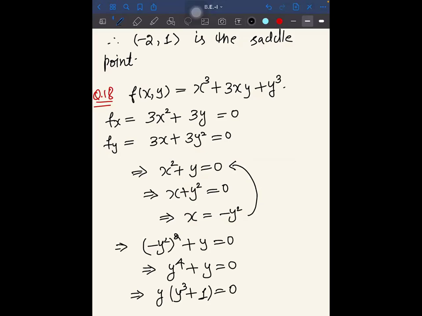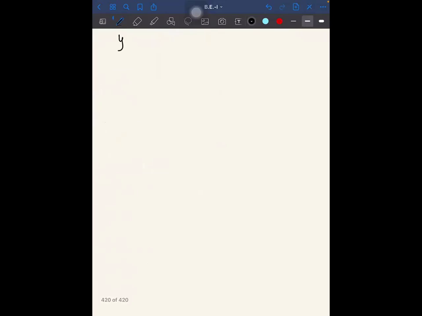So we have y equal to 0 or y cube equal to minus 1, so y equal to 0 or y equal to minus 1. So we have two choices of y, right?